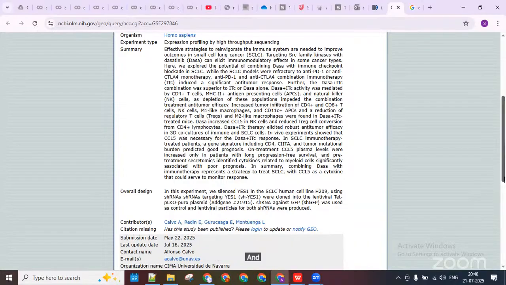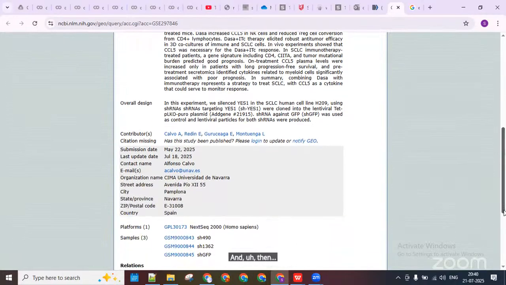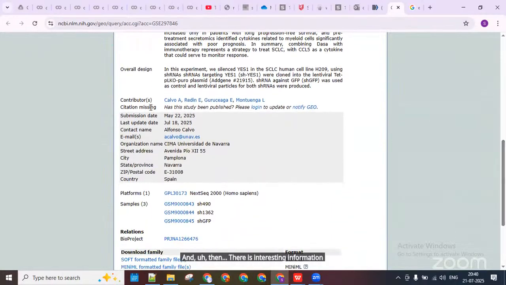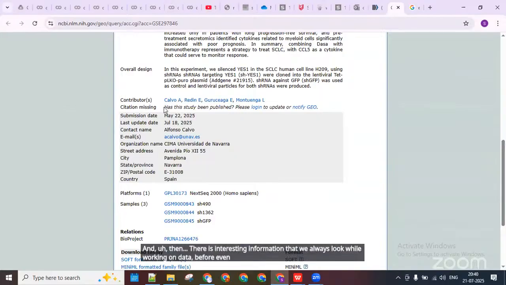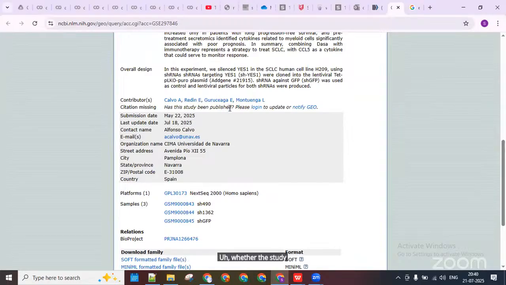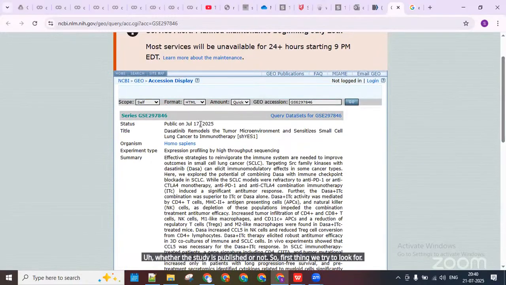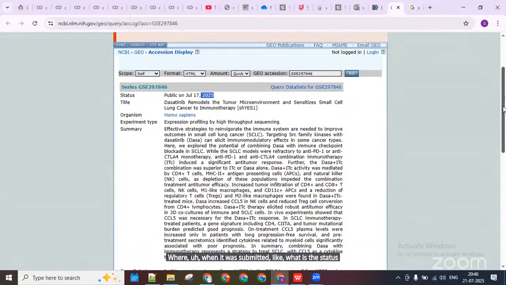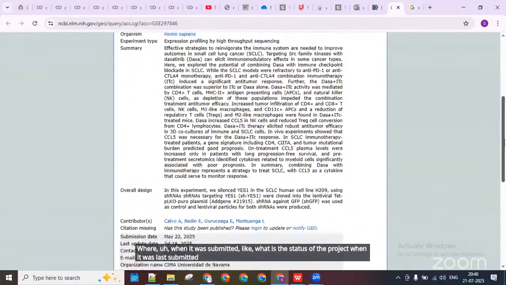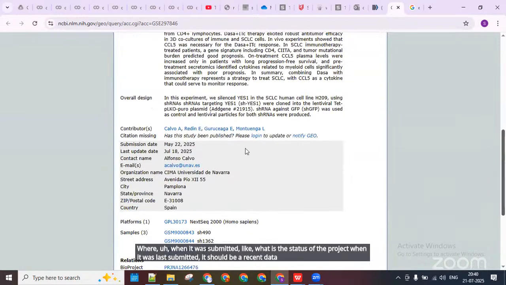Then there is interesting information that we always look at while working on data, even before starting, which is whether the study is published or not. First, we try to look at when it was submitted, like what is the status of the project when it was last submitted. It should be recent data so that not much work is published on it.